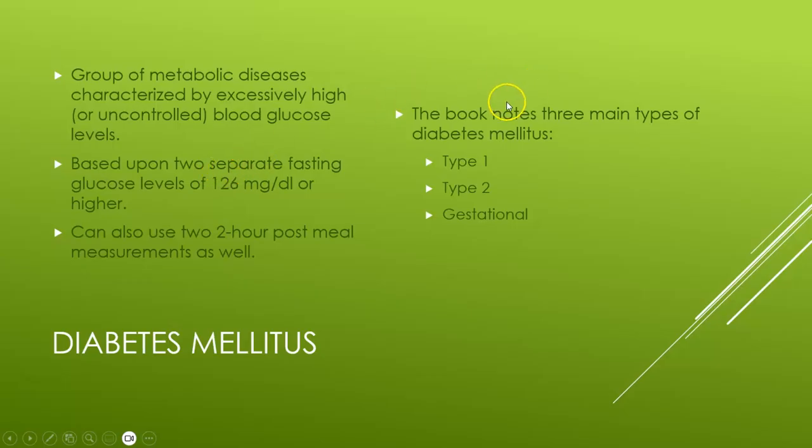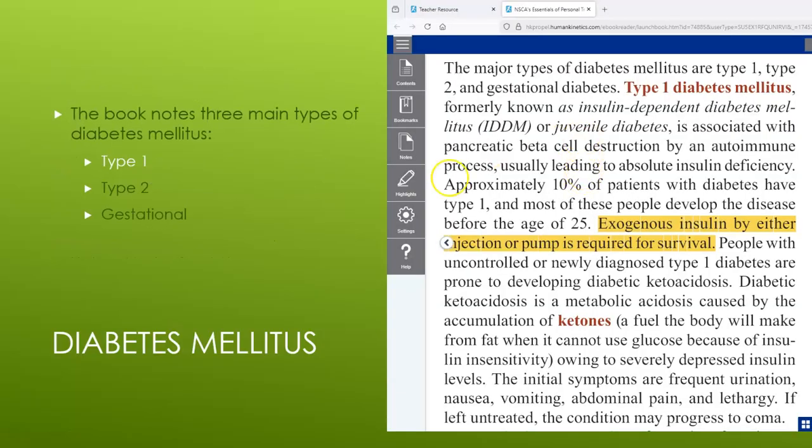And the book notes 3 different types of diabetes mellitus: type 1, type 2, and gestational, which we talked a little bit about already in specialty populations with pregnancy. So with the 3 types, type 1, it was known as insulin dependent. Long story short, the thing they want you to take away from this is exogenous insulin needs to be injected, meaning exogenous means from outside the body.